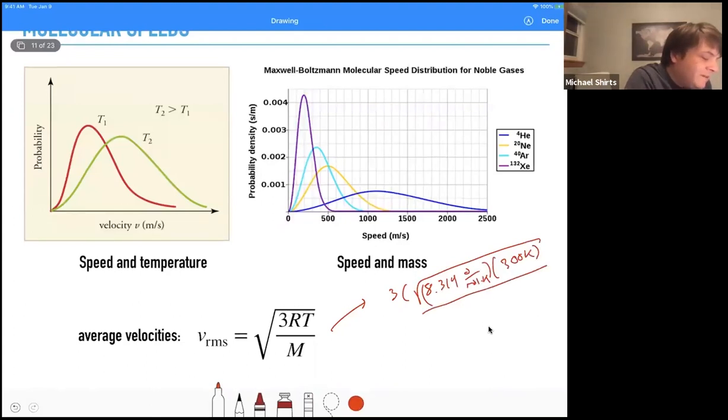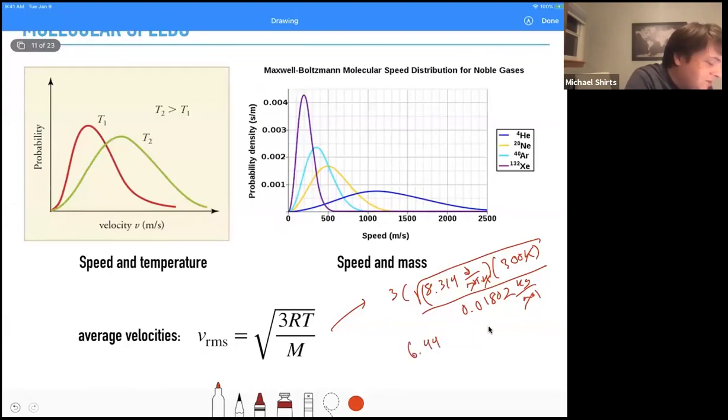And then we divide by the mass, and it's important, if we want this to cancel, we know that a joule is defined as a kilogram meters squared per second squared, so we want to use the mass in kilograms per mole, not grams per mole. So this would be 0.01802 kilograms per mole.